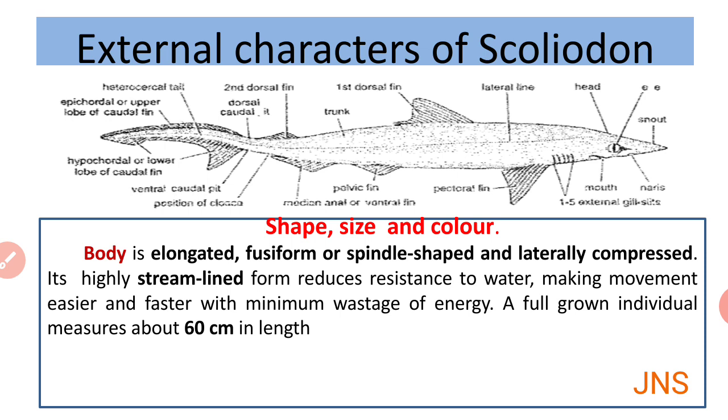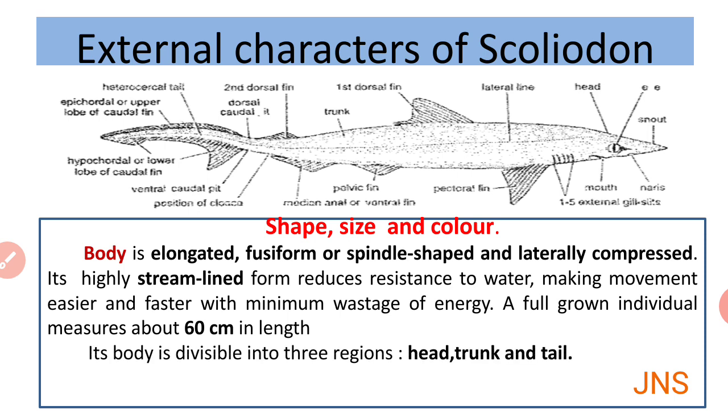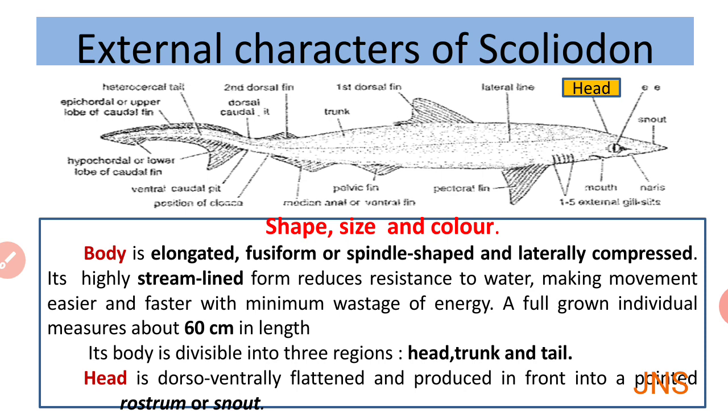A fully grown individual measures about 60 centimeters in length, and its body is divisible into three regions: head, trunk and tail. These are the main parts of the body. First, the anterior side of the body is called the head.